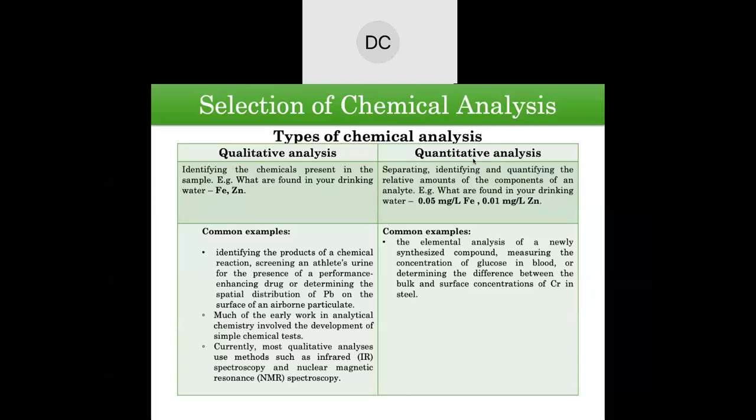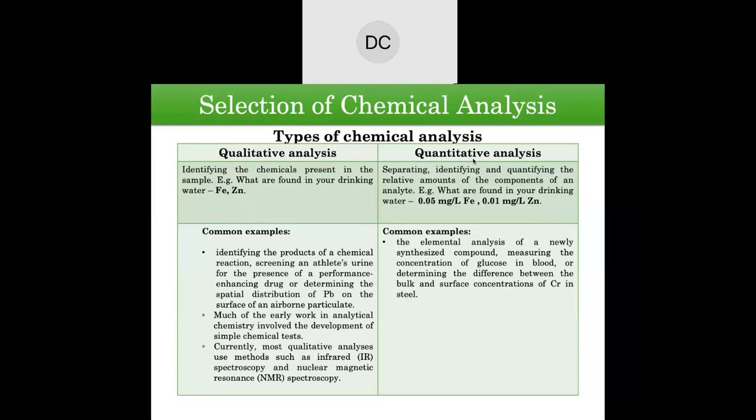Currently, most qualitative analysis in terms of instrument, kita boleh bagi contoh, for example, infrared spectroscopy, where you can determine in a substance whether there is a functional group apa yang ada.